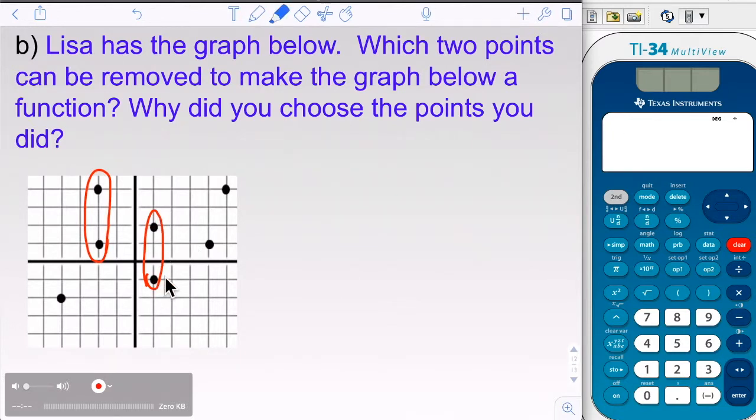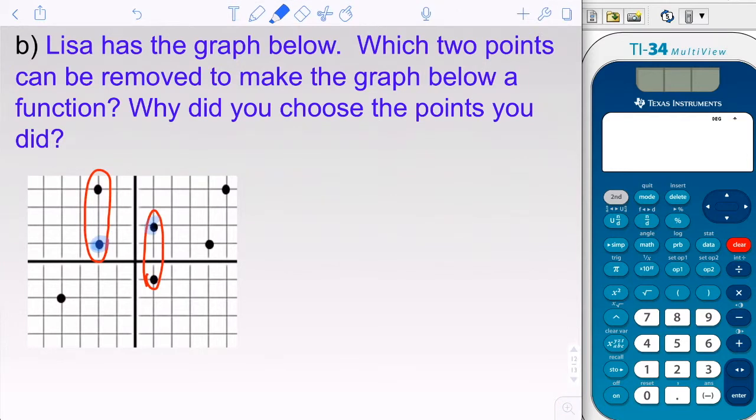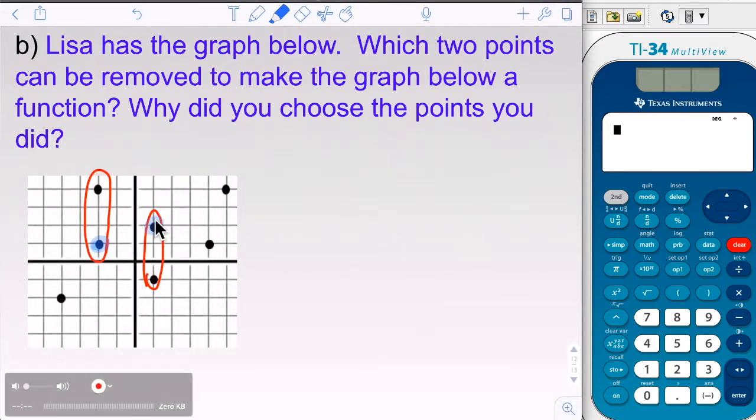So you could have said, I want to get rid of this one and that one. And that would have been okay. If you got rid of those two, the remaining two would pass the vertical line test and we would be fine. Or you could have chosen the top two or the bottom two or this one and that one, but it had to be one of those two and one of those two.